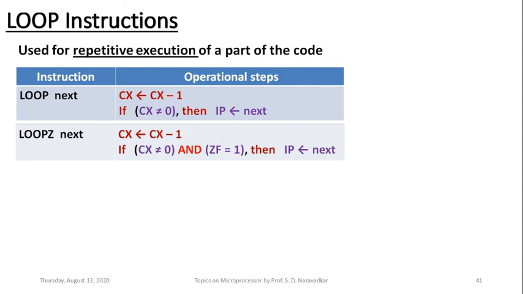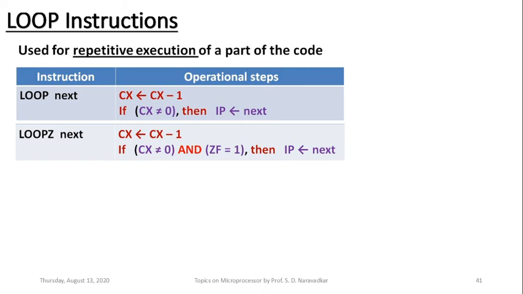Then a slight variation within the loop instruction is LOOPZ next, loop while zero. It is a slight modification, and one more condition has been imposed within this loop while zero instruction. The operational steps are shown on the right side.